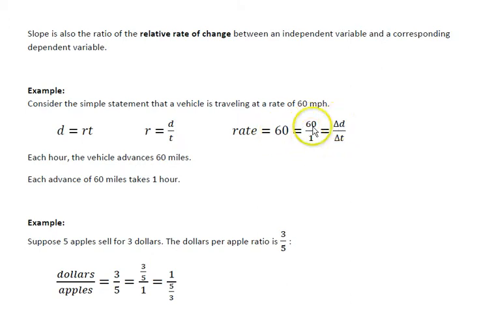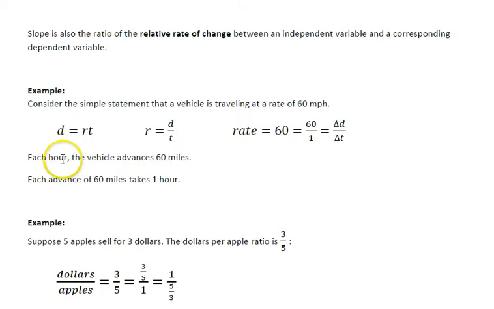So the ratio of the distance to the time, the delta, the change in d's over the delta t. Delta is a mathematical symbol that means the difference or the change.